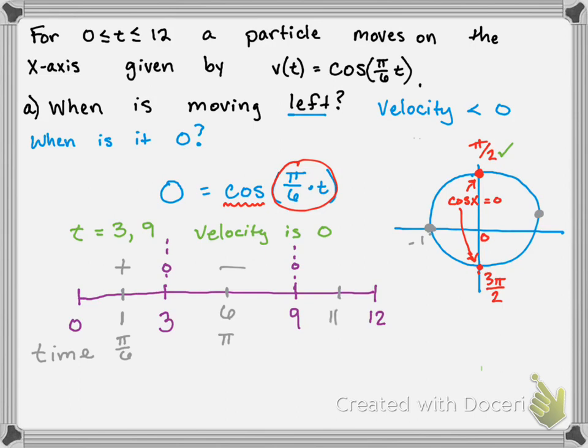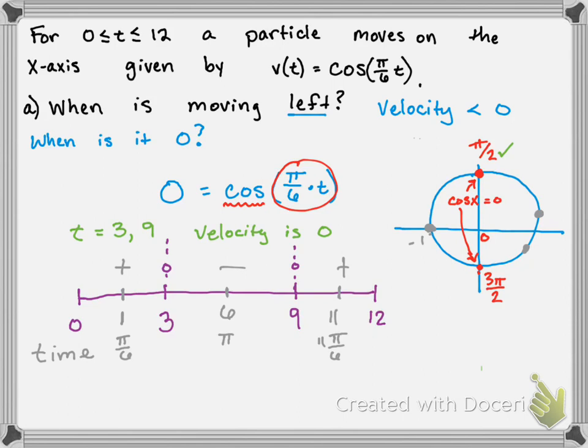If you plug 11 in, you get 11 pi over 6. And 11 pi over 6 is all the way back around somewhere over here, right? And that is, again, where the x's are positive. Okay, so we have some information now to answer our question.